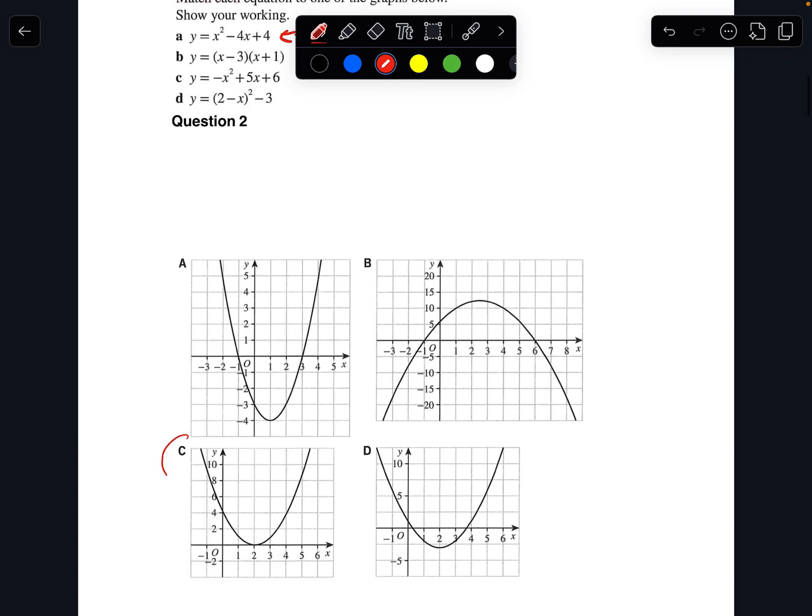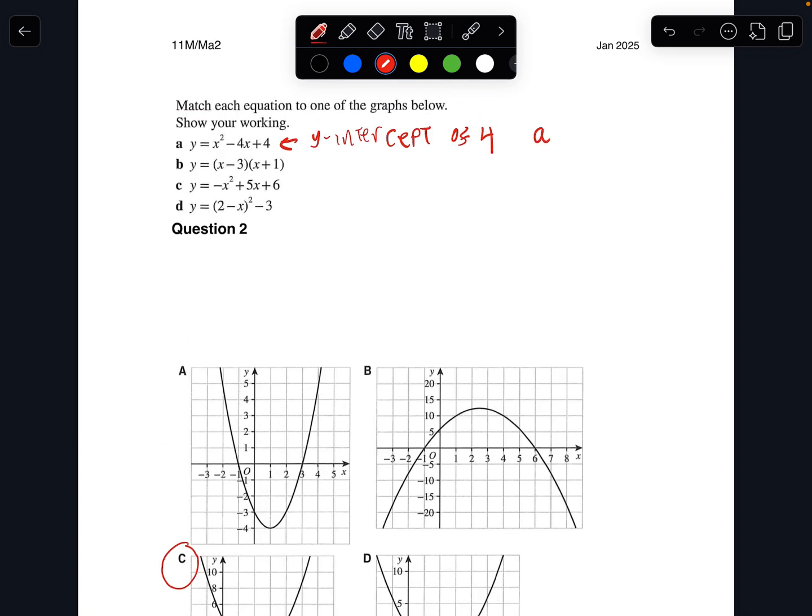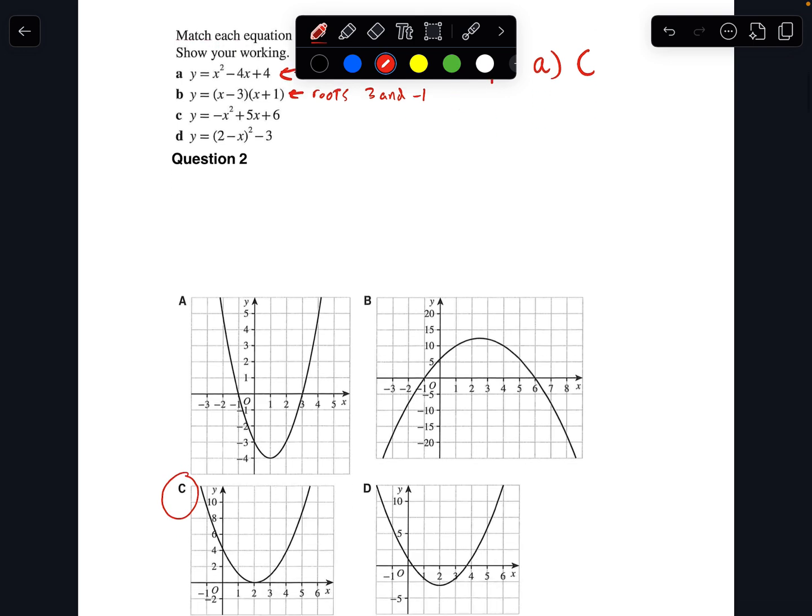This has a y-intercept of 4, C. I don't think any of the others do, so A must be C. This one here is going to have roots at 3 and minus 1. So is there a graph that has roots at 3 and minus 1? Yep, there is, and that is A. So B is A. This one is minus x squared, meaning it's going to have to be an N shape. So C is B. And this one here is obviously going to have to be the last one left.